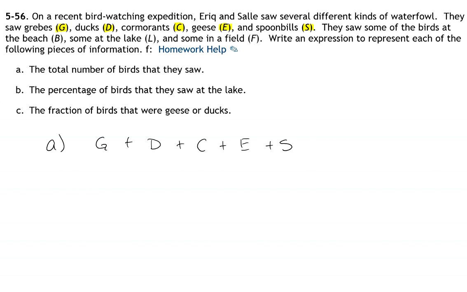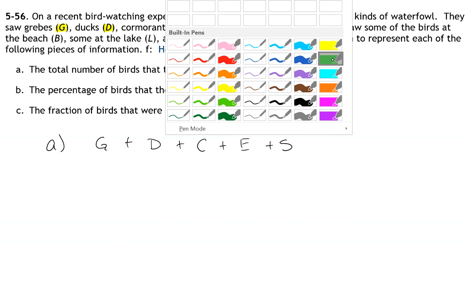For B, it says, what's the percentage of birds that they saw at the lake? So kind of a similar thing. Let me grab a different highlighter.